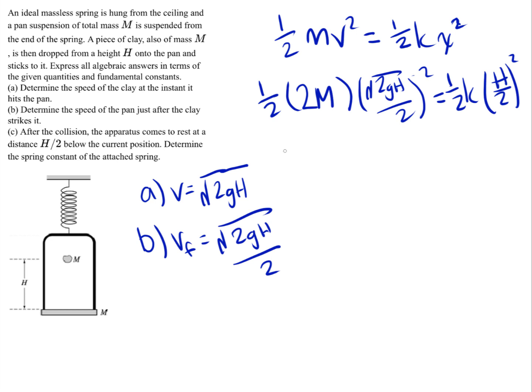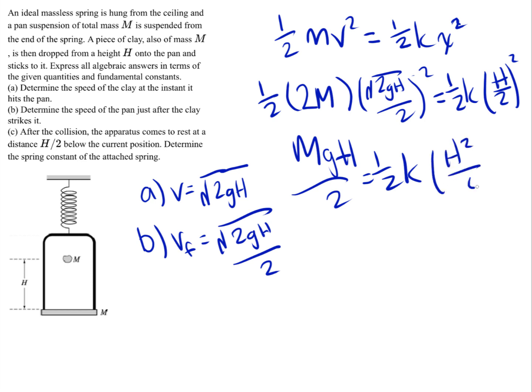Now let's simplify this a bit. You have the mass times gh over 2 equal to 1/2 times the spring constant times h squared divided by 4. These are both 1/2, so you can cancel that out. k times h squared divided by 4 is equal to mgh.